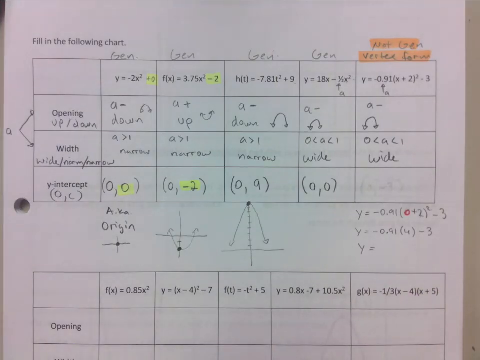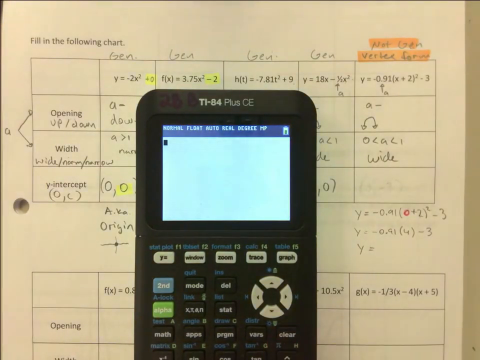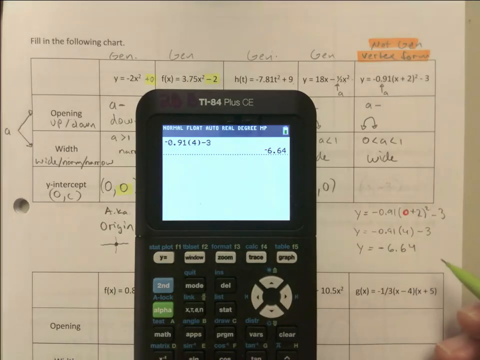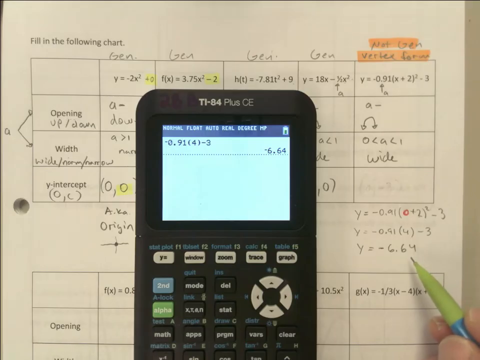And now you can grab your calculator. In fact, you could have done that already earlier. I'm okay with that. You just type in negative 0.91 bracket 4, close the bracket, minus 3, and you get negative 6.64. That is your y-intercept.